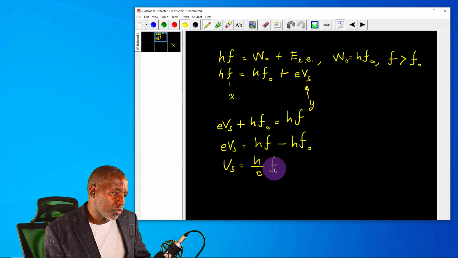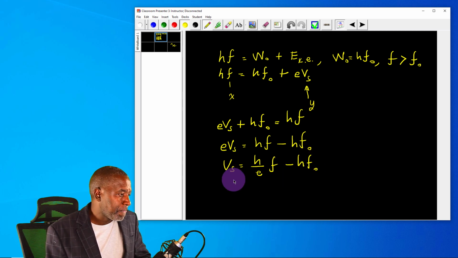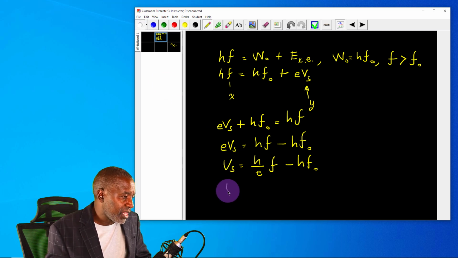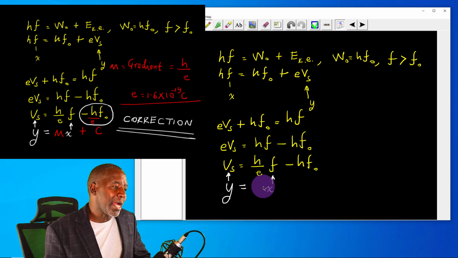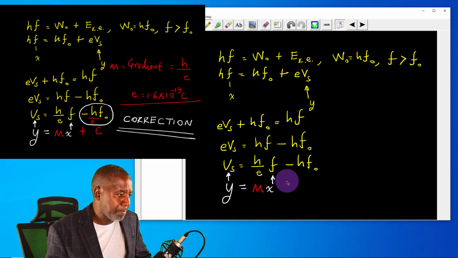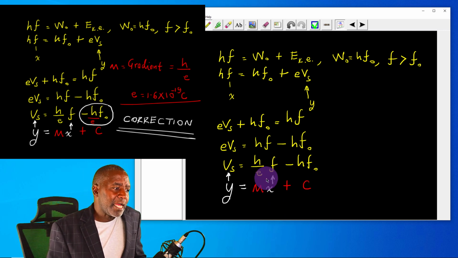I've separated these two like this because f all by itself is the one on the x-axis, of course, minus the work function, hf naught. This one is a constant. Now, this one is on the y-axis. This one is on the x-axis. y is equal to m x plus c.